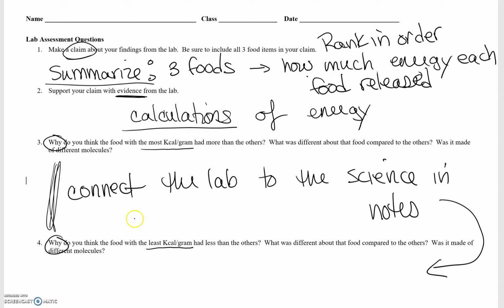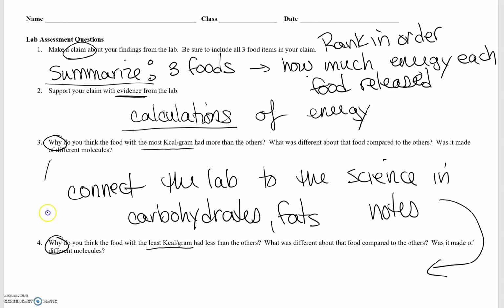You're going to think about carbohydrates and fats and look at how much energy was available in those particular foods, and try to make some generalized statements for both questions 13 and 14, connecting what you found out in the lab with what you've learned in class about carbohydrates and fats.